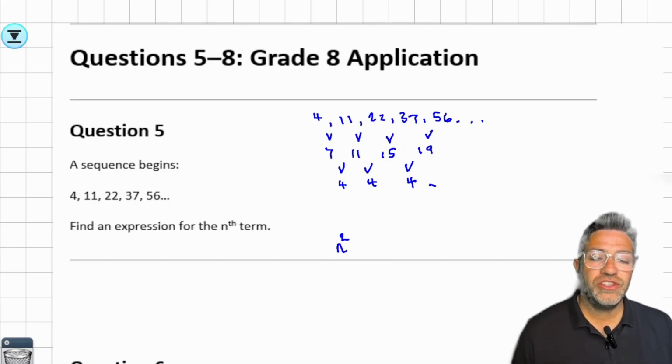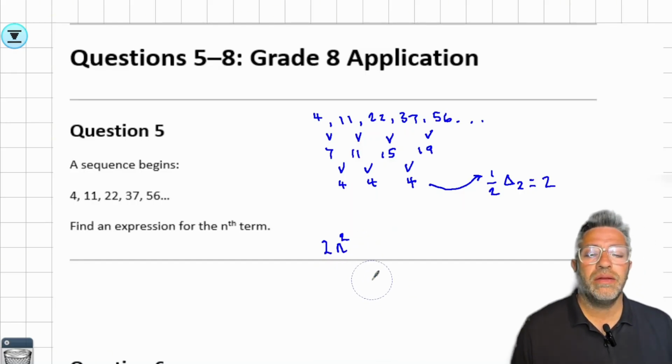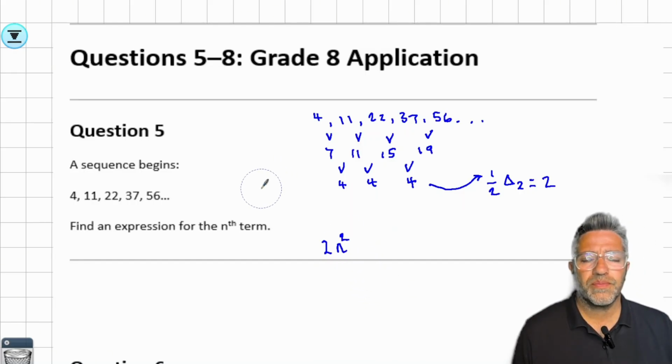Now, the coefficient of our quadratic is half of the second difference, half of delta 2. I use a triangle to represent delta. Half of delta 2, in other words, what's half of 4? Well, that's 2. So the nth term for our sequence has got to begin with 2n squared.